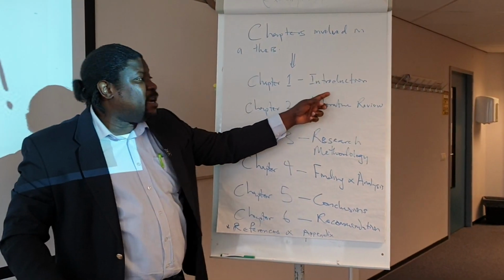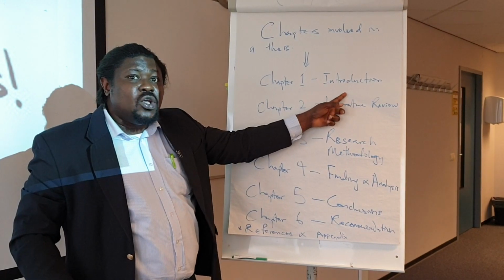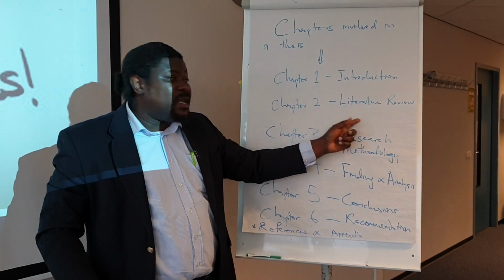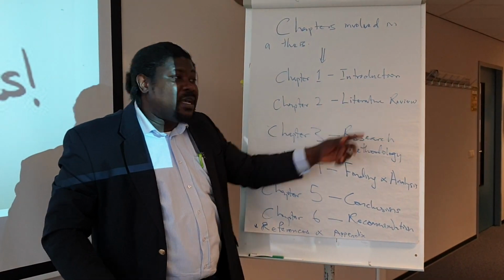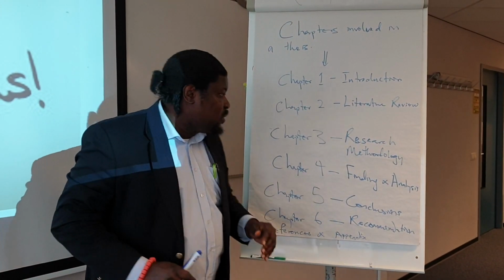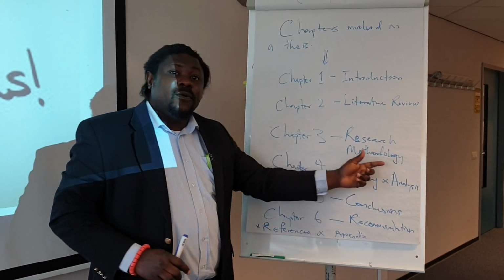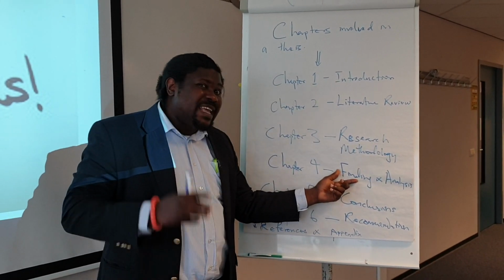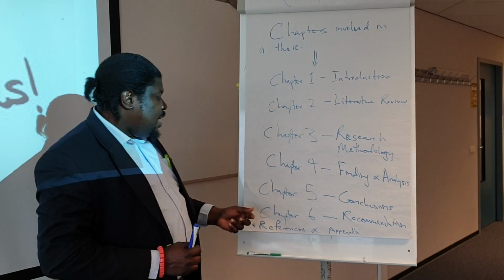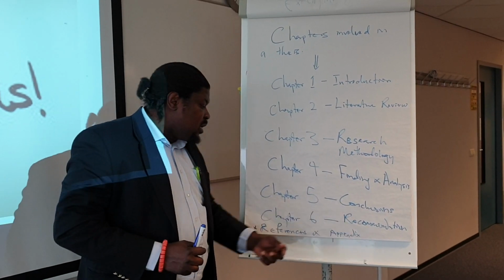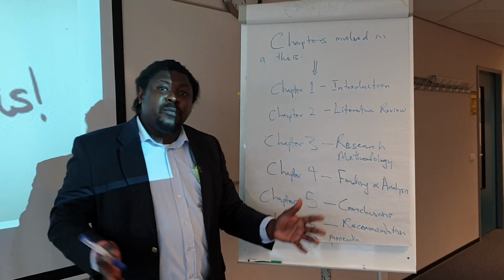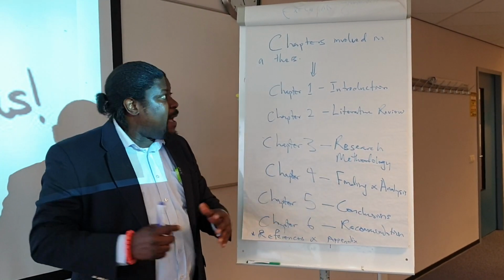Then chapter 1 is your introductory chapter, introduction. Chapter 2 is the literature review chapter, where you talk about all the theories used. Chapter 3 is for research methodology. Chapter 4 is for your findings and analysis. Chapter 5 is for conclusions, chapter 6 for recommendations, and lastly, you put your references together and appendix.